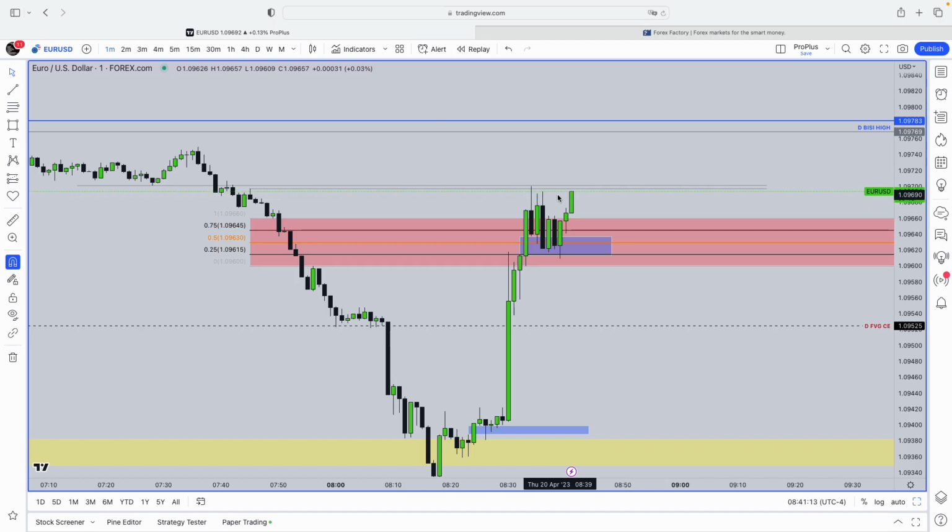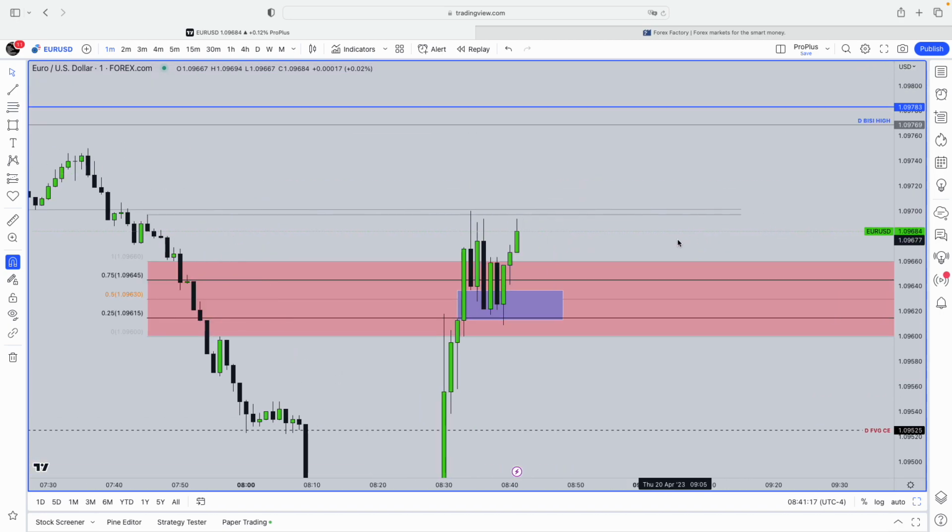So it's looking like it's tapping into the fair value gap again on the 15 minutes. Let's see how it reacts. I want to see it blast through it again. Don't want to see it struggling. So it tried, pushed up, tapped into it, came back lower, tapped into the fair value gap multiple times, and is now trying again to take out this fair value gap.